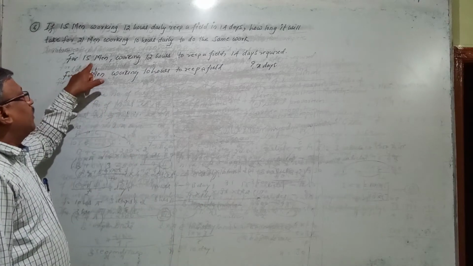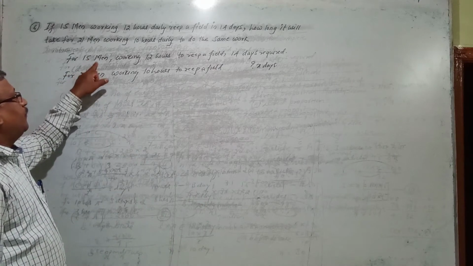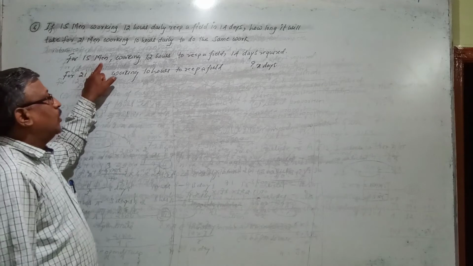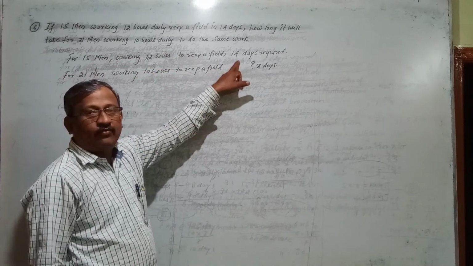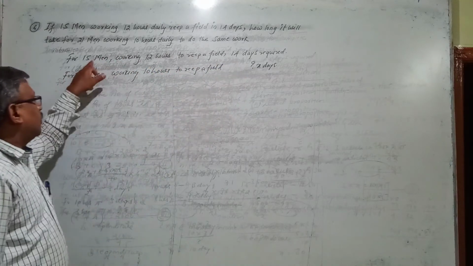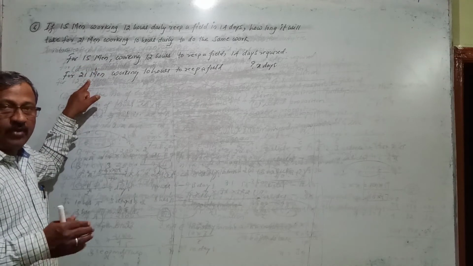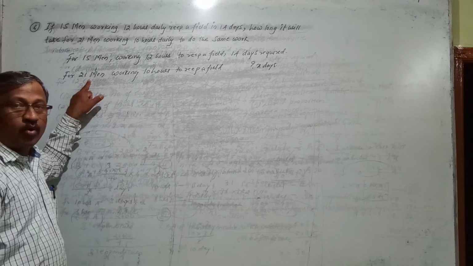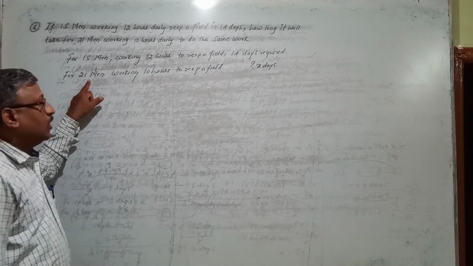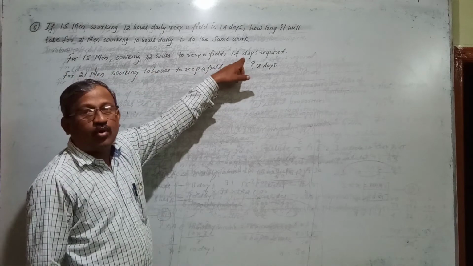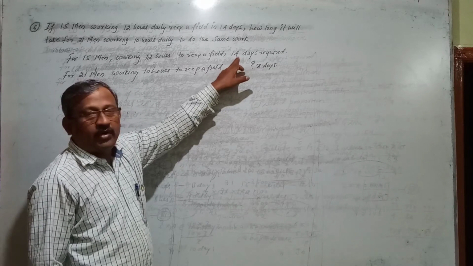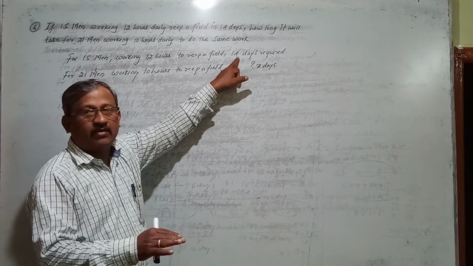So first compare the number of men. We know for 15 men to do a work, 14 days are required. So instead of employing 15 men, if we employ 21 men, some more men, to do the same work, how many days will it take, more or less? Means more than 14 days or less than 14 days, that you have to check.